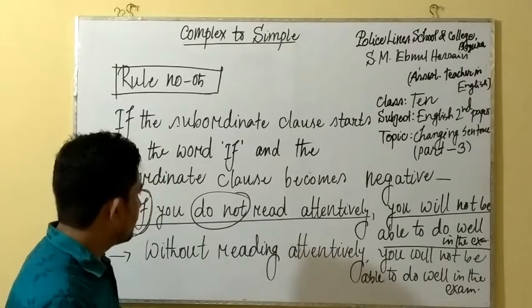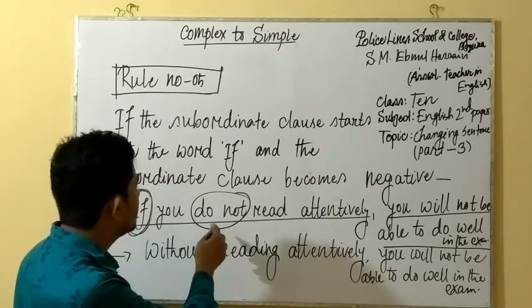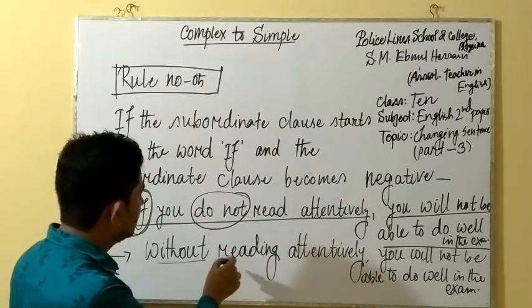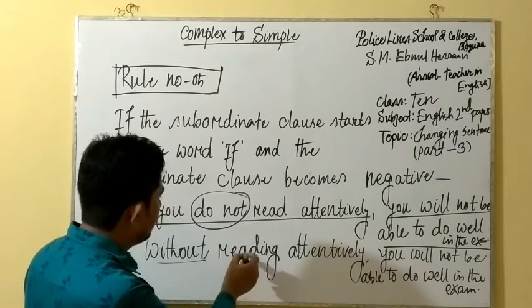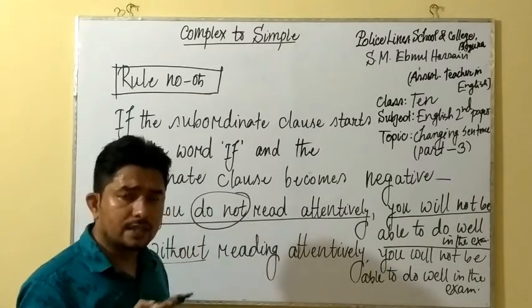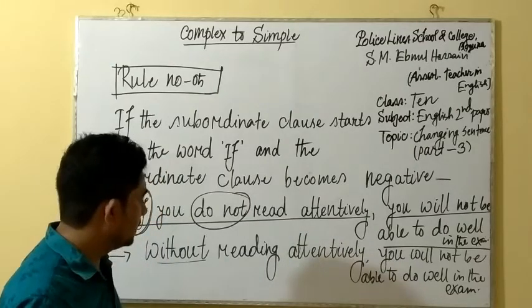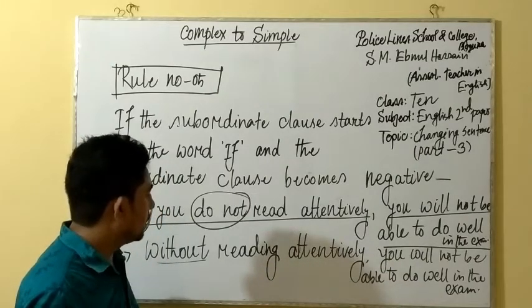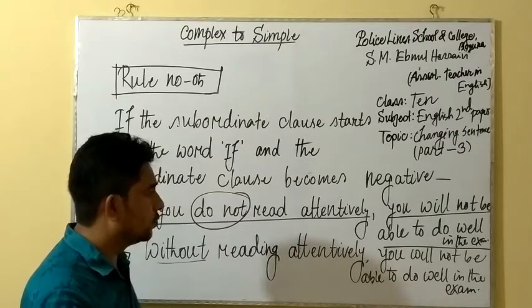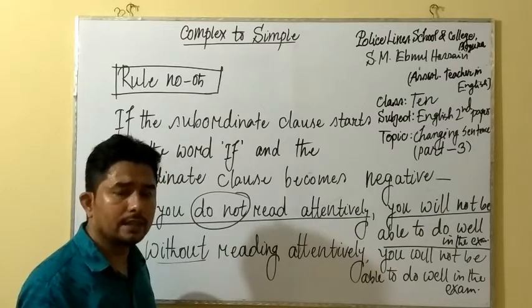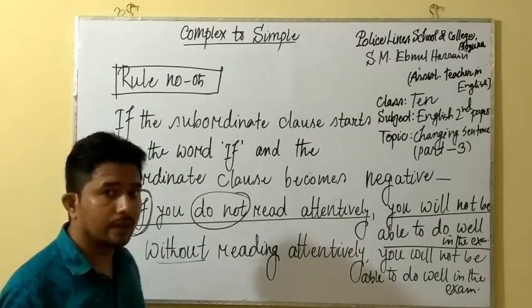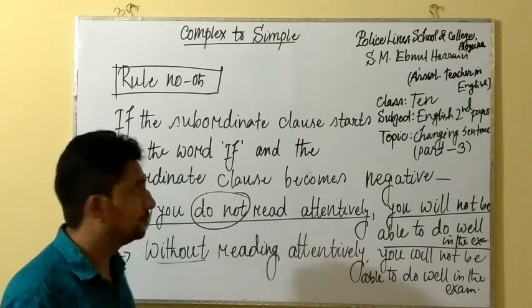If this type of sentence becomes negative, then the negative form is changed to without, and then the main verb read is changed to gerund. That means ing is added to the base form of the verb read. So, without reading attentively, you will not be able to do well in the exam. This is rule number 5. Now we are going to rule number 6.